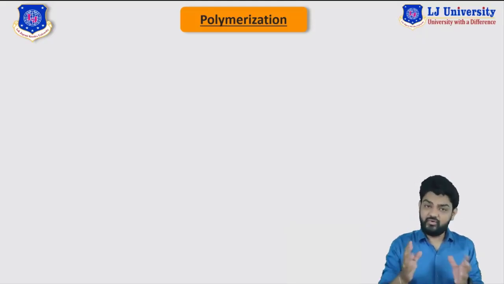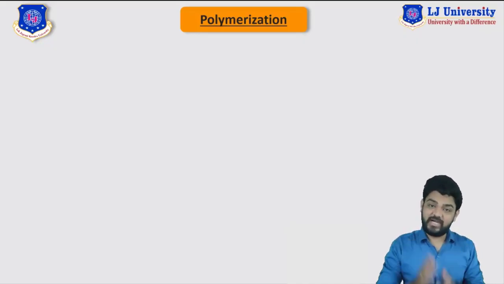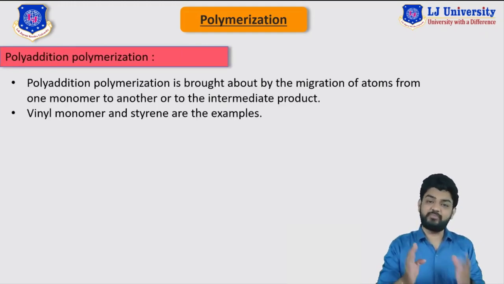Now we are about to see the next category of polymerization technique under the tag of condensation polymerization reaction or step polymerization reaction, and that is addition polymerization, or we can say poly addition polymerization. Basically, this poly addition polymerization is brought about by migration of an atom from one monomer to another monomer.